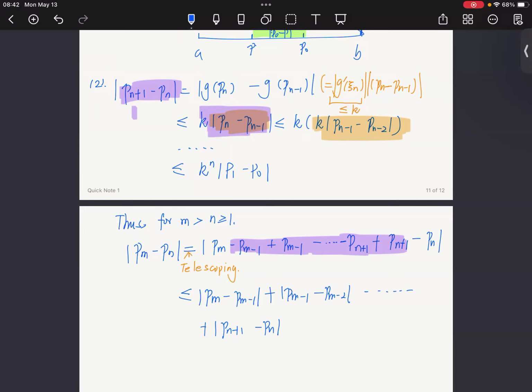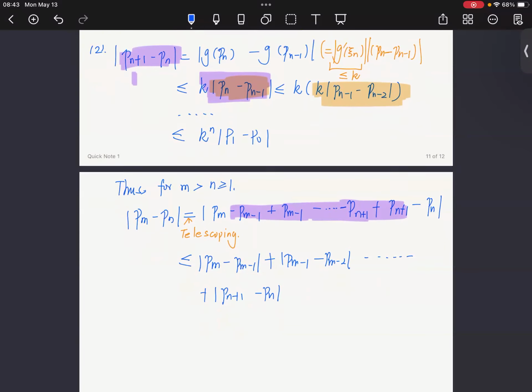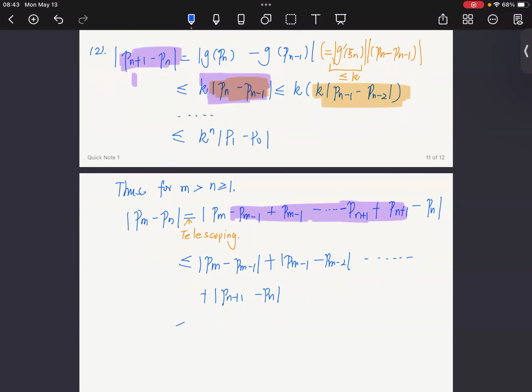So for this one, we have k to the power of m minus 1, and then P1 minus P0.